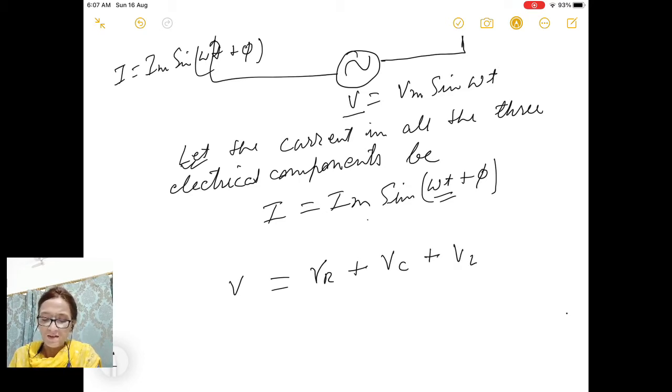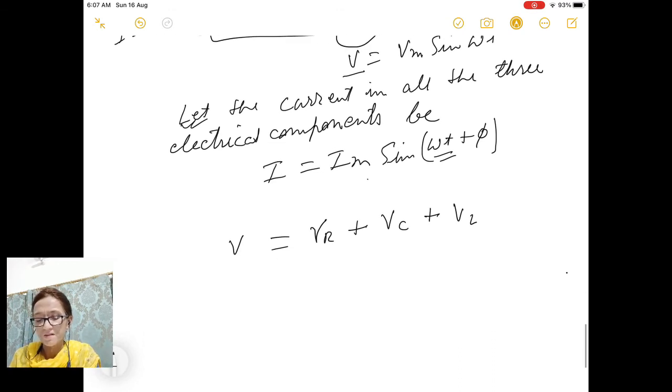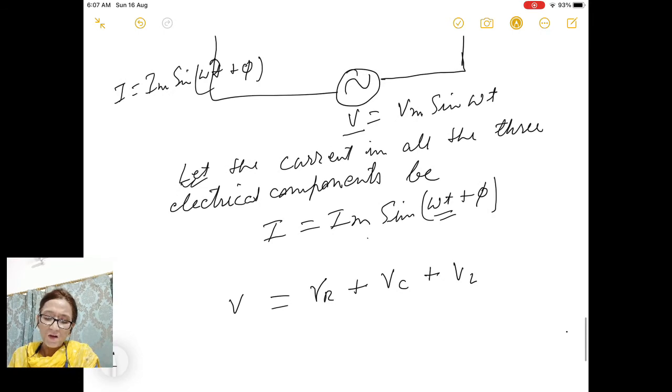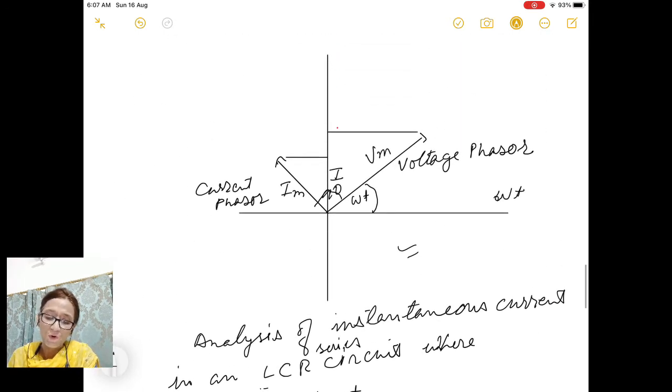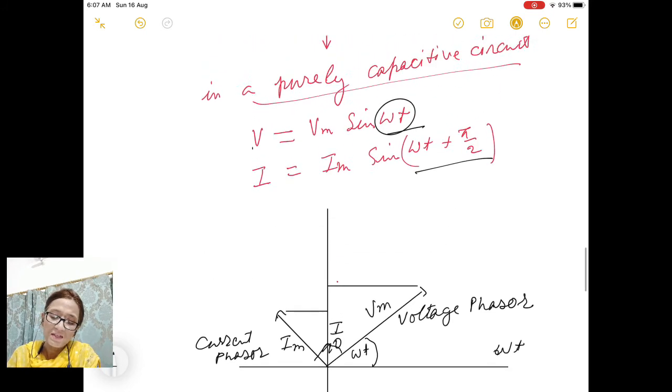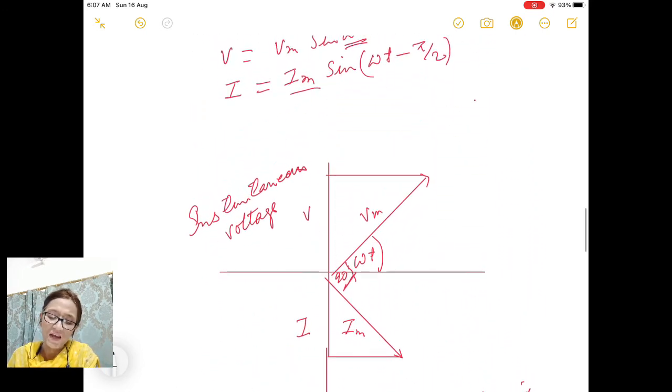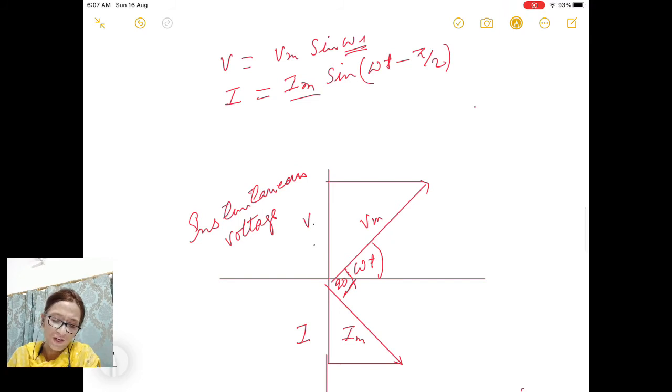So this is the voltage which is dropped across the three components. Now these voltages are actually the perpendicular component, this component. It means instantaneous voltages. Here we have taken instantaneous voltages VR or VL or VC.